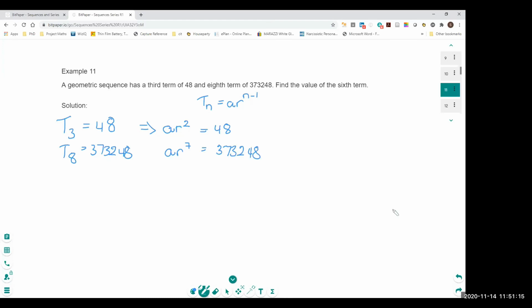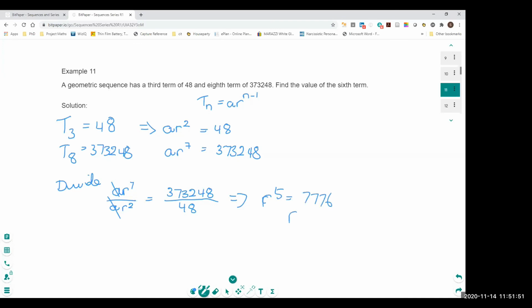373,248. So if we divide a r to the 7 by a r squared, what will that give us? It will give us 373,248 divided by 48, and that implies that the a's go, so we're left with r to the power of 5 is equal to 7776.